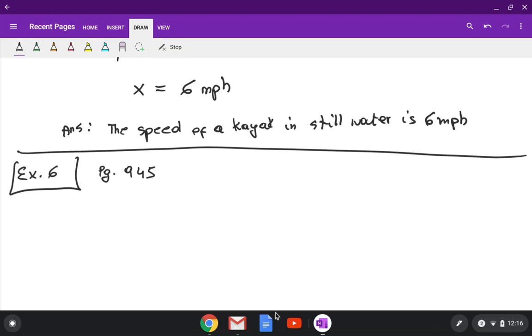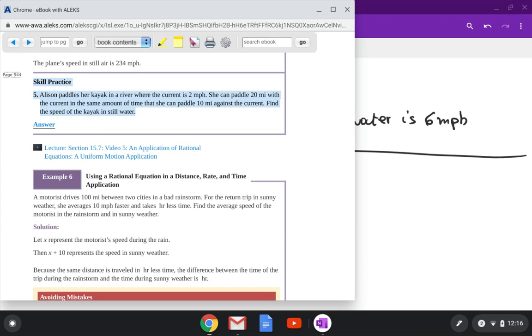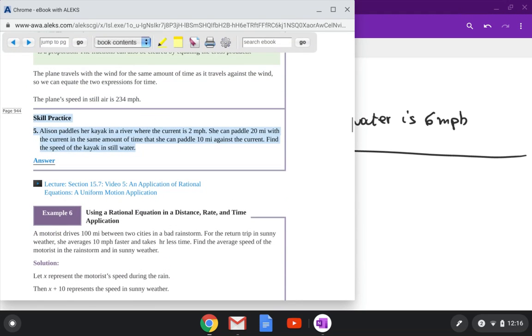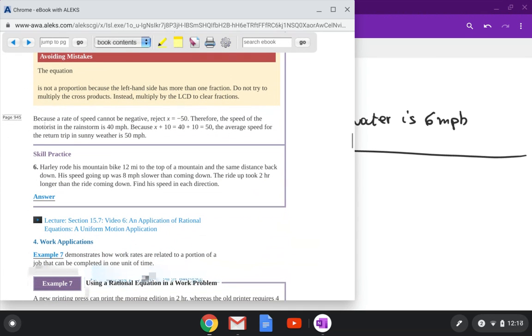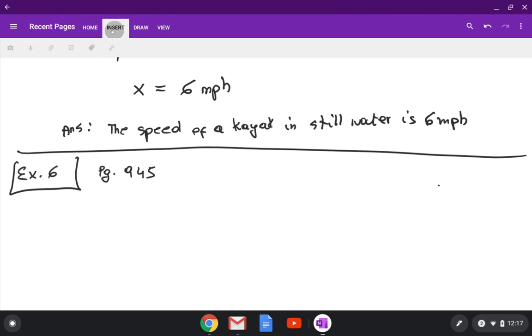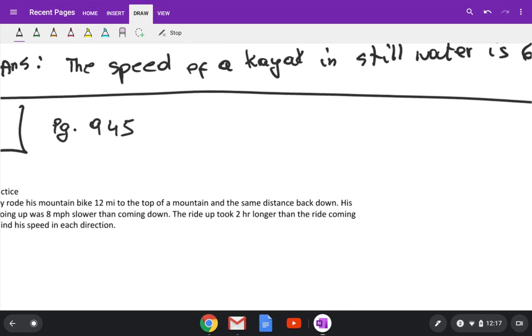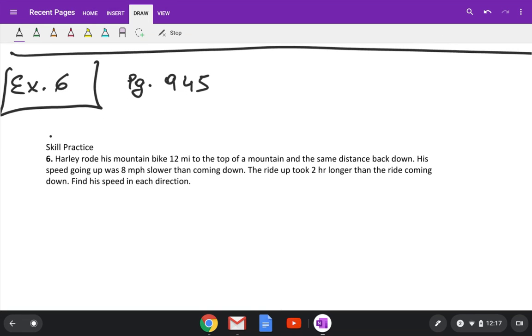If you can see it, page 945. And this is skill practice 6.